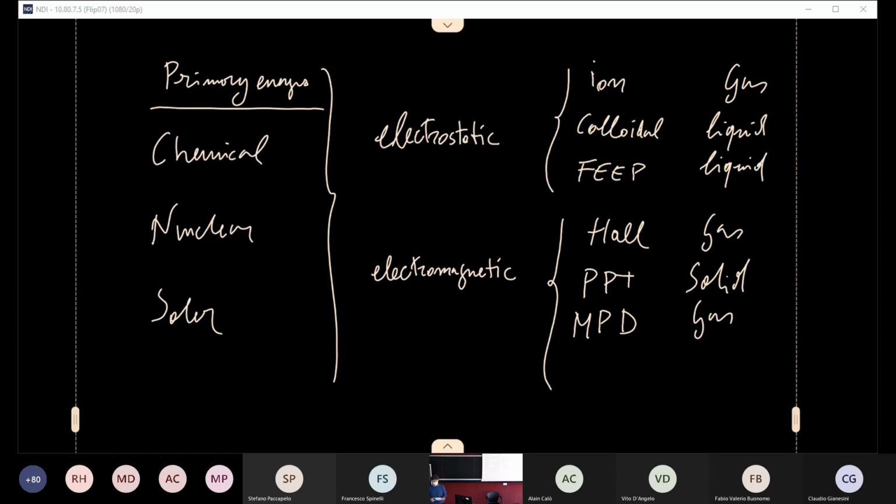That means, for instance, that in a nuclear reaction your fission fragments have a high kinetic energy, and if you are able to control it, you exploit this kinetic energy as the accelerated particles.